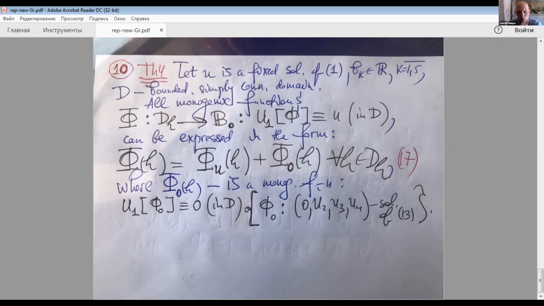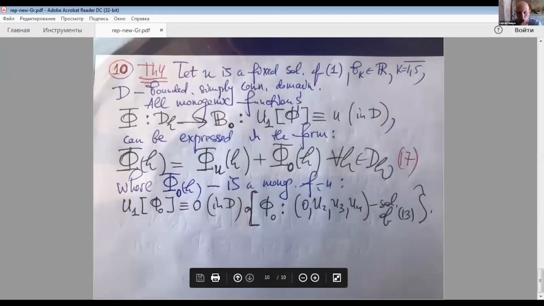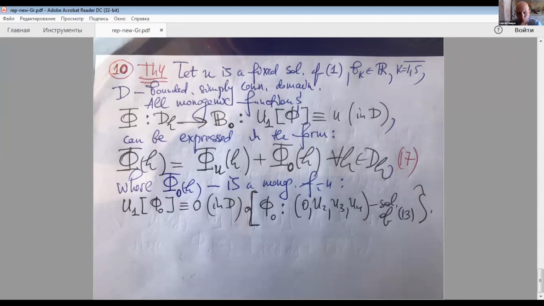Here f_U we have in explicit form. This is such a formula. But in the general case, it's a great problem to find the totality of such monogenic functions f0. So in general, we can say that this is a solution of 13 of such form.